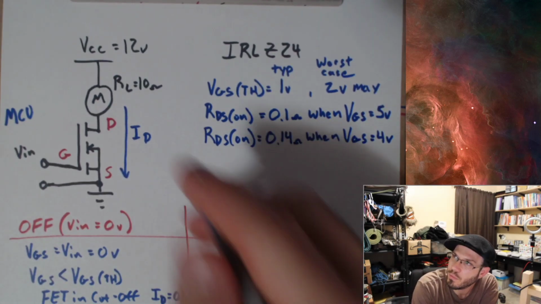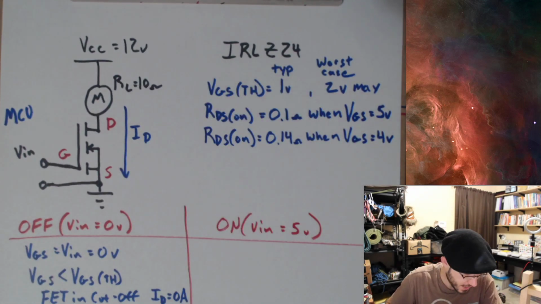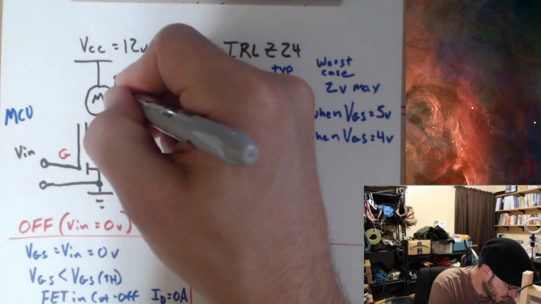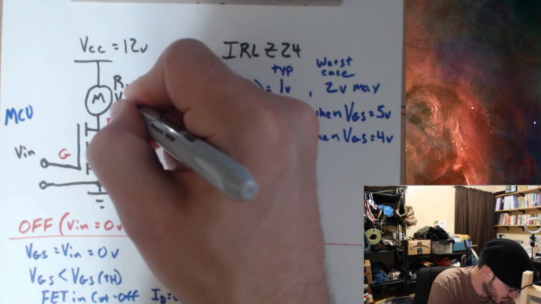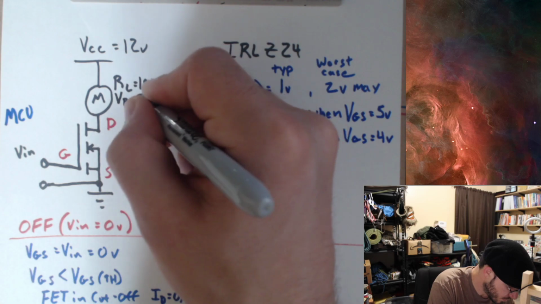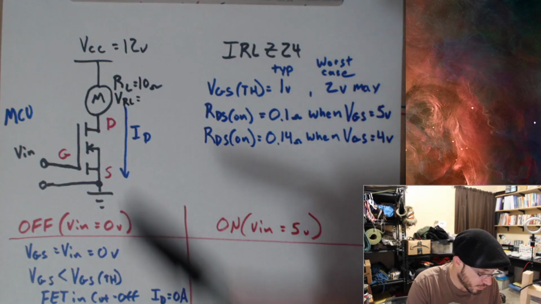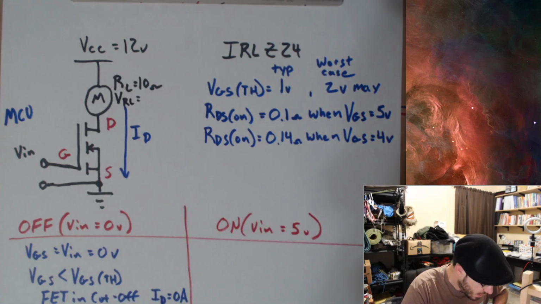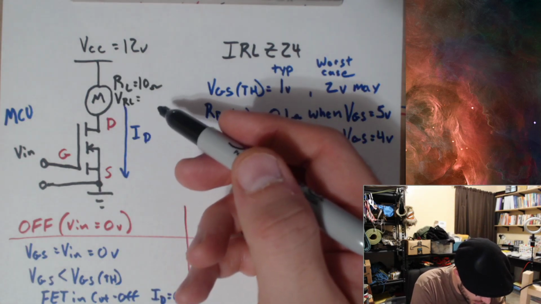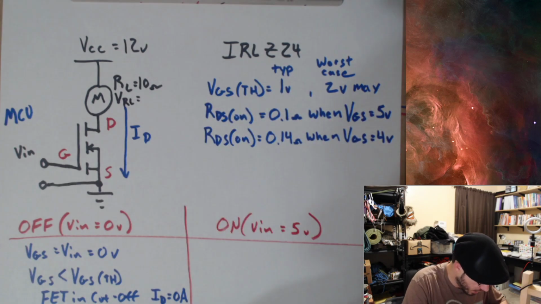And we should also be interested in our VRL, or the voltage across our load, which we know if we have 0 current going through it, it should be 0.